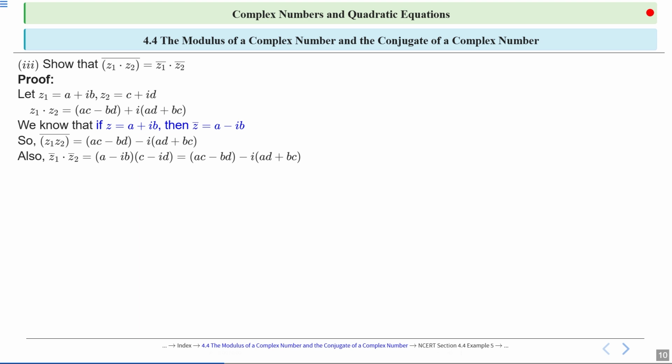The conjugate of Z1 is A minus iota times B and the conjugate of Z2 is C minus iota times D. Multiplying these, we obtain (A minus iota B) times (C minus iota D) equals AC minus BD minus iota times (AD plus BC). So notice that conjugate of Z1 times Z2 equals conjugate of Z1 times conjugate of Z2. Hence proved.